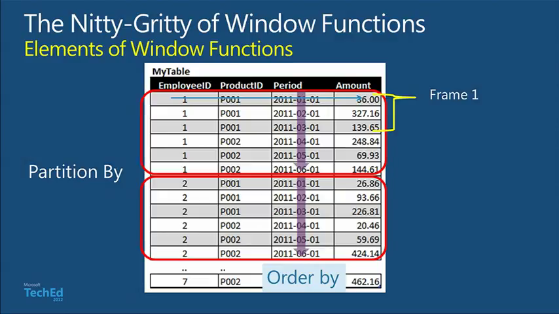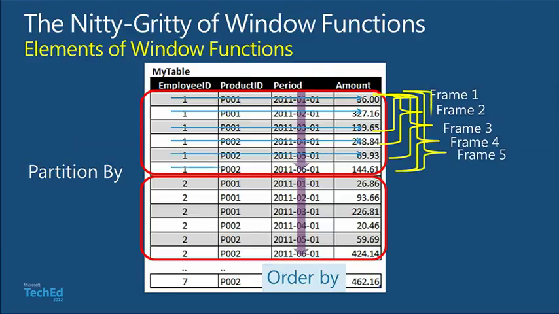The first row has a frame from unbounded preceding to 2 following. That's a frame. The second row is like that. As you can see, for the bottom rows, there's really no 2 following, so it stops at itself. Okay?